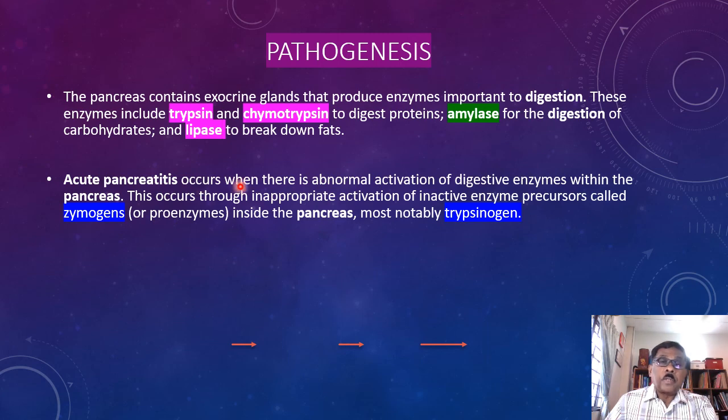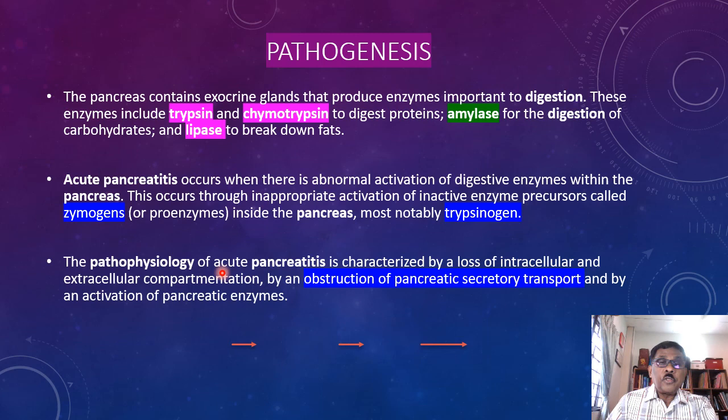Acute pancreatitis occurs when there is abnormal activation of digestive enzymes within the pancreas. This occurs through inappropriate activation of inactive enzyme precursors called zymogens or proenzymes inside the pancreas, and most notably this occurs with trypsinogen.